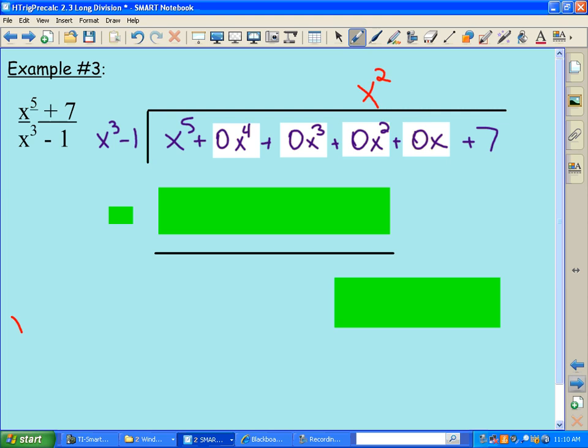And then we're taking x squared times x cubed minus 1. The reason I wanted to expand it is so that our like terms are kind of grouped together. So x cubed times x squared makes x to the 5th. X squared times negative 1 is a negative x squared.